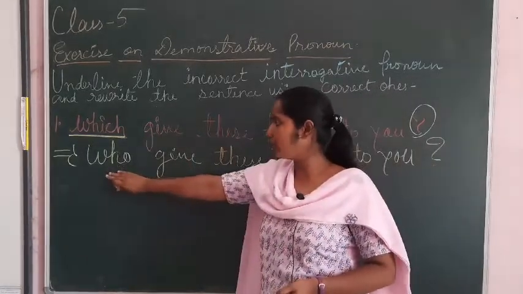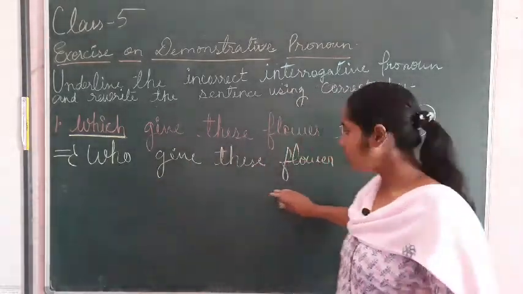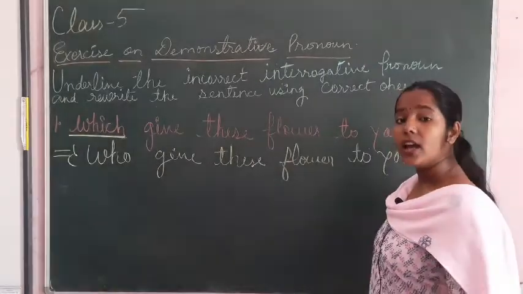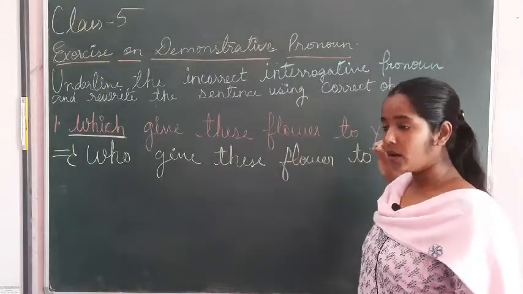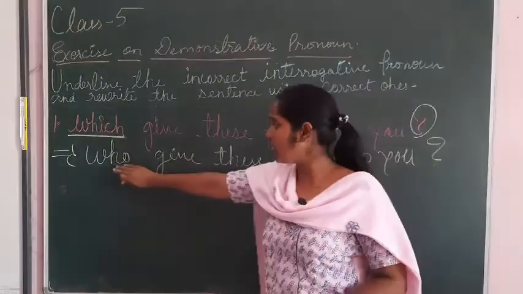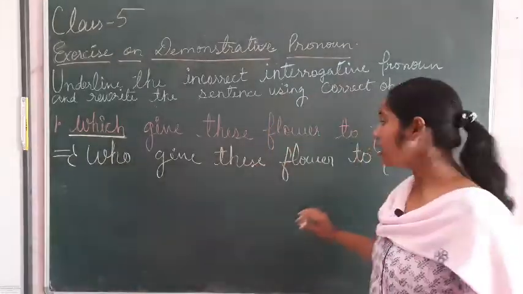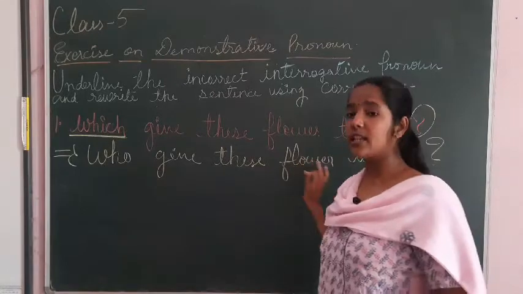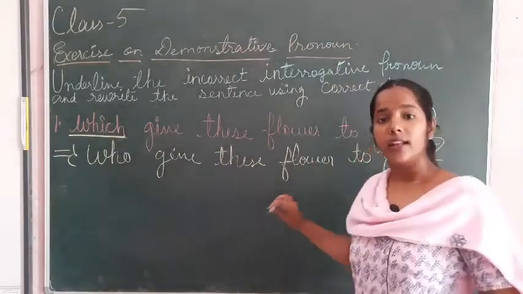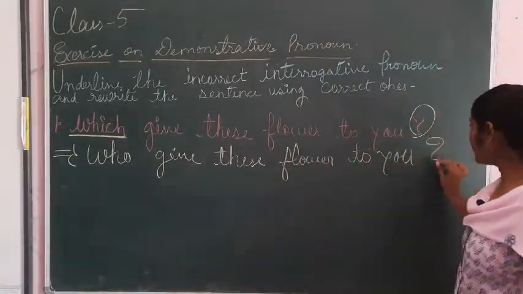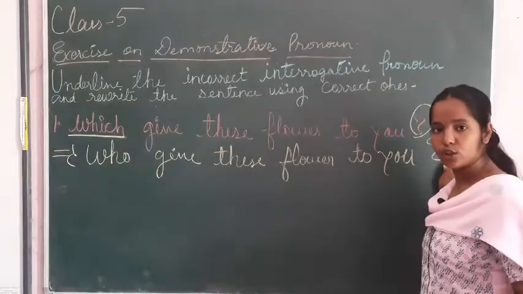Whenever you solve the question, you have to put a question mark at the end, because no matter whether you have changed the interrogative pronoun into the right form, if you do not give the question mark, the total answer will be wrong. The very important thing is the question mark.